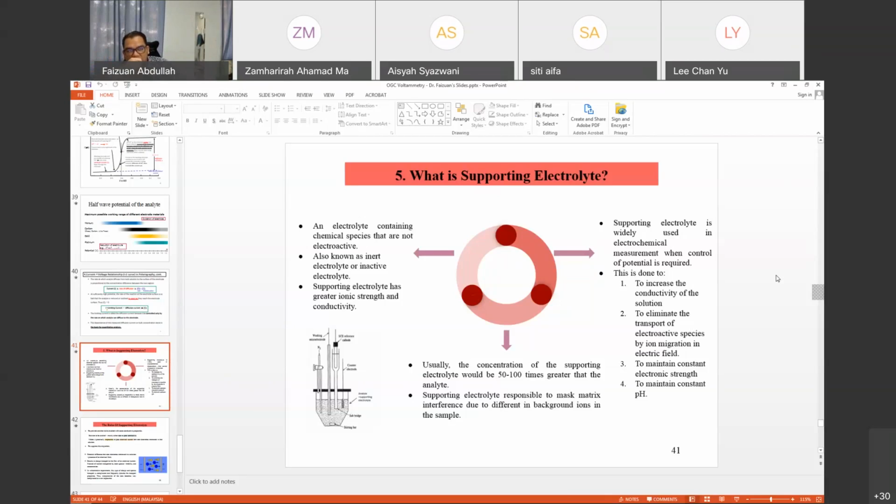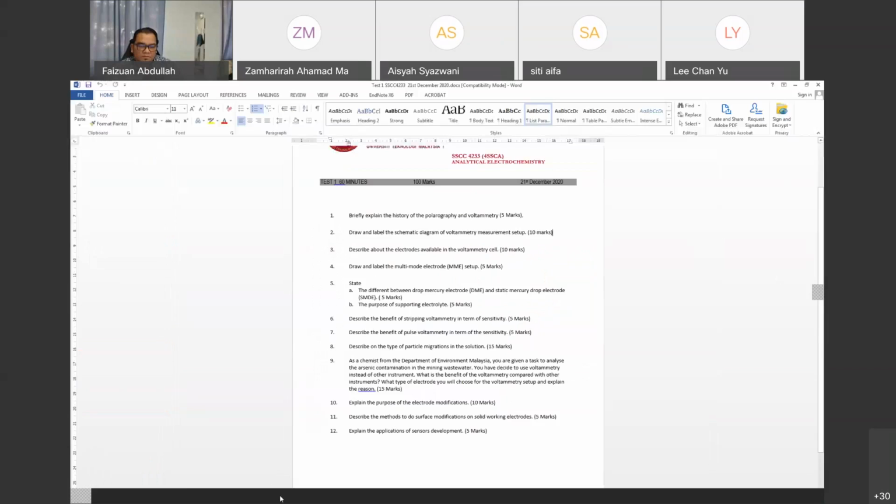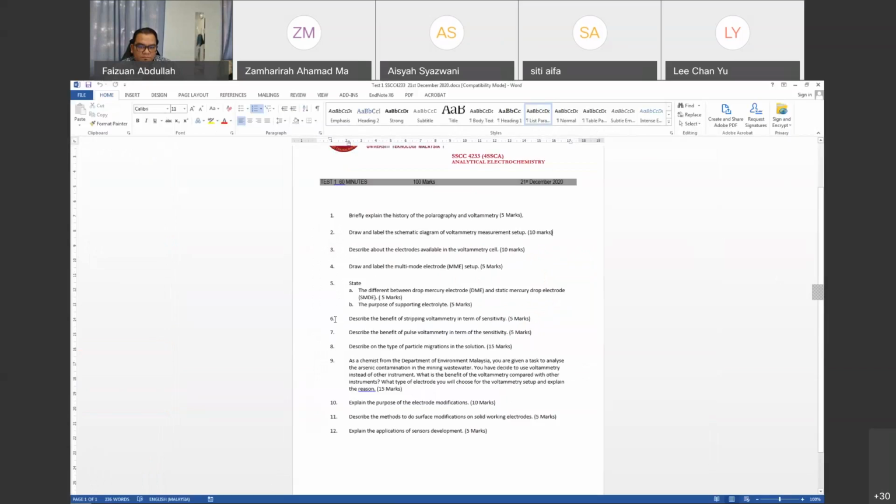Dan dia tidak akan terlibat dalam menghasilkan apa-apa peak pada voltammogram tu. Cara dia, they eliminate the transport of electroactive species by ion migration in electric field. Itu cara dia. Right, next question ialah, okay, thank you, Doktor.